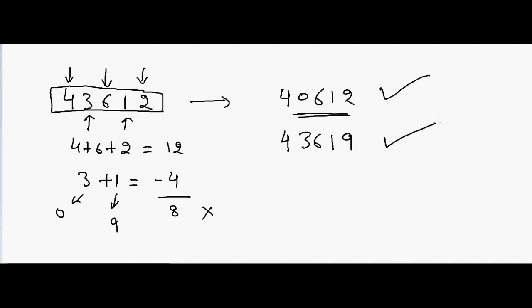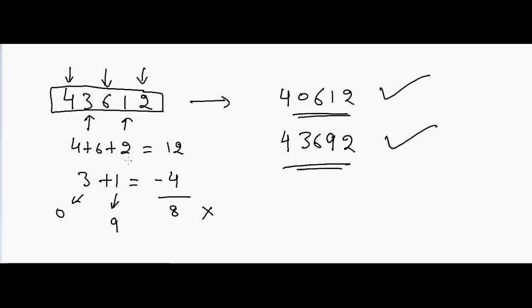So in that case this number should be divisible by 11. So let me check if I have this 3 here, and no, sorry, not 9, but 9 here and 2 here. So now this number should be evenly divisible by 11.